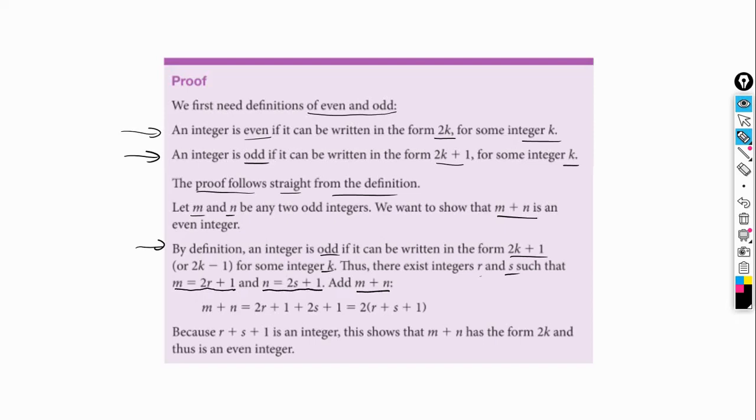Add m plus n, so m plus n is going to equal 2r plus 1 plus 2s plus 1, which equals 2 times (r plus s plus 1). Because r plus s plus 1 is an integer, this proves that m plus n has the form 2k and thus is an even integer.